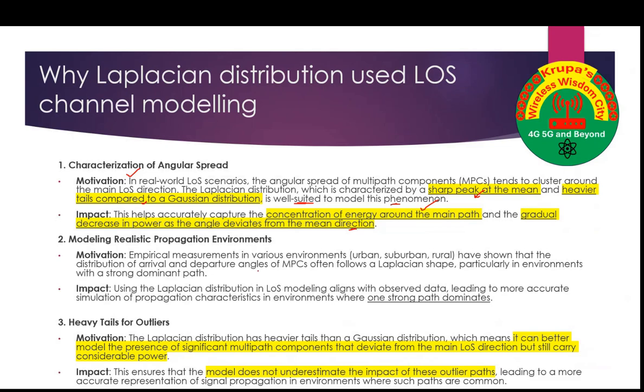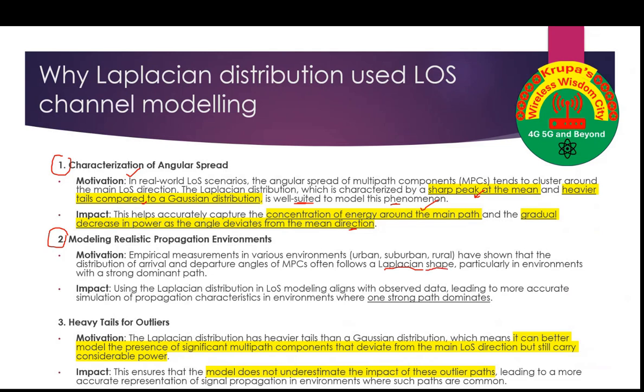So along similar lines, empirical measurements in various environments, urban, suburban, and rural, have shown that the distribution of arrival and departure angles for MPCs often follows a Laplacian shape.